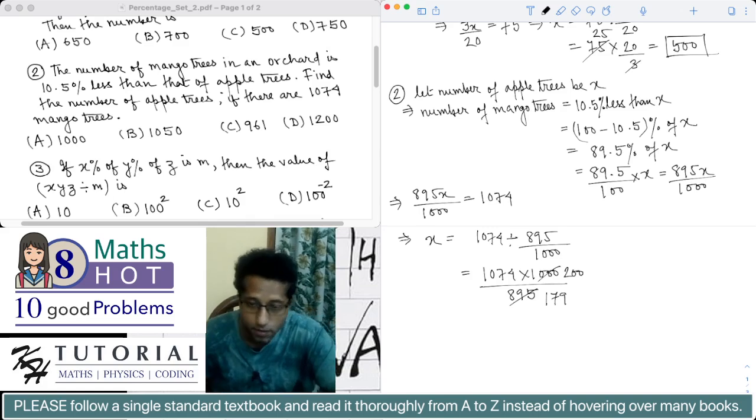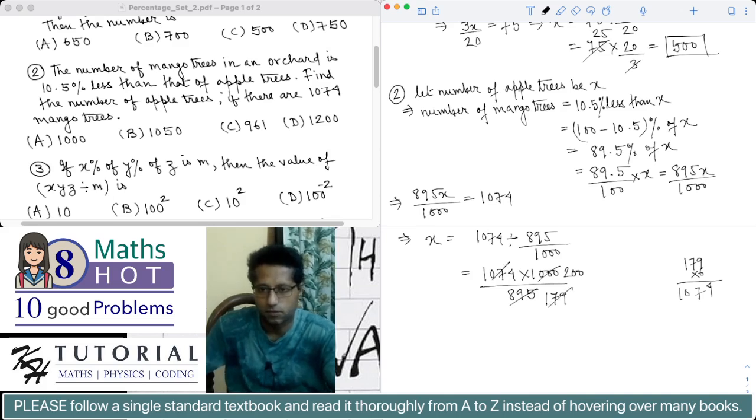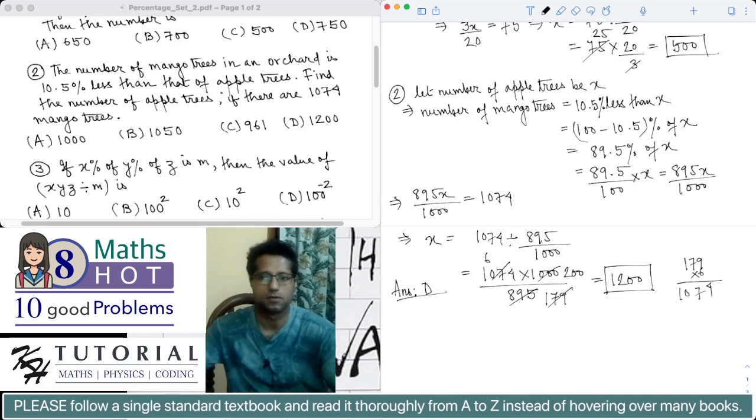Will 179 divide 1074? 179 multiplied by 6 is 1074. Yes. So this cancels 1074 with 6, and this is equal to 1200. So x is 1200, and we have assumed x to be the number of apple trees, and hence the correct choice is D. D is the correct choice.